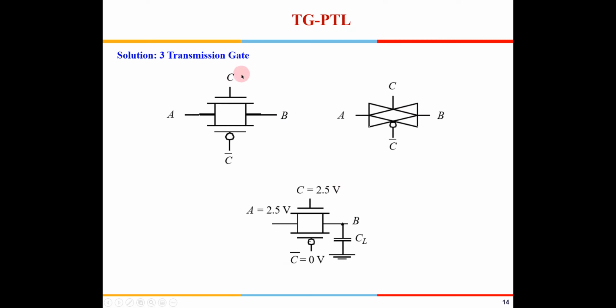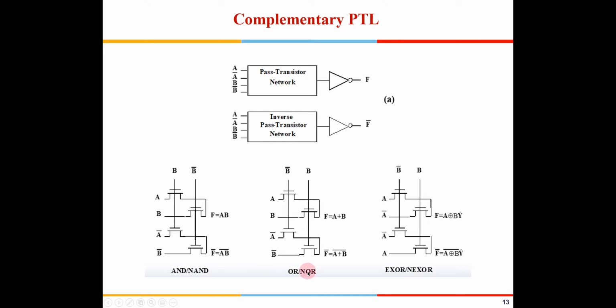Now what we can do, the third solution, is to use a transmission gate. I am telling you the logic for implementing a NAND gate, complement here. This is a NAND gate, right? Now for a NAND gate, this is B. If I put B equal to 1, what would remain?